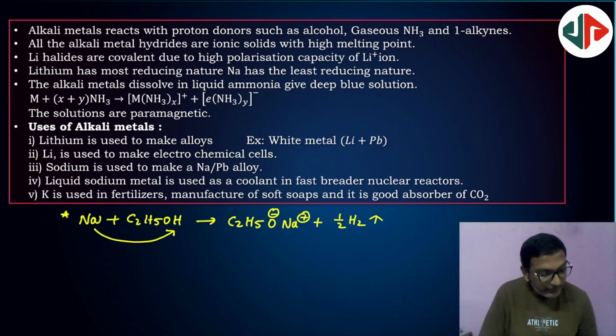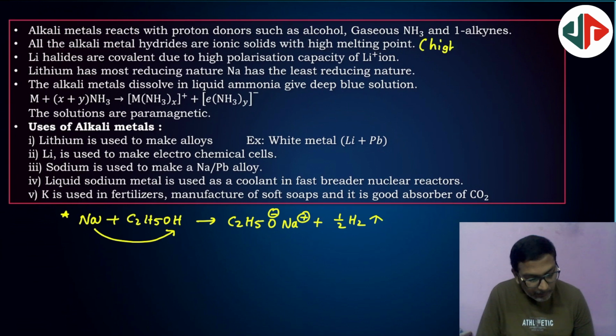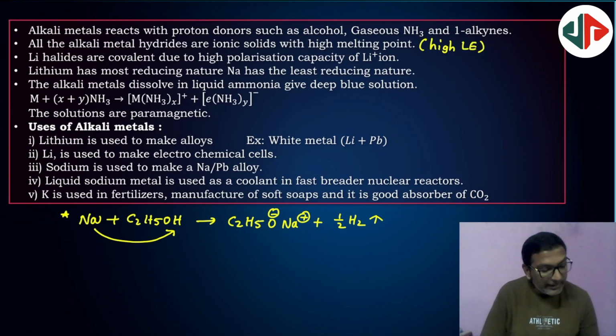Next, all the alkali metal hydrides are ionic with high melting points due to high lattice energy. Next, lithium halides are covalent due to small size of Li plus. Small size, it has maximum polarizing power.